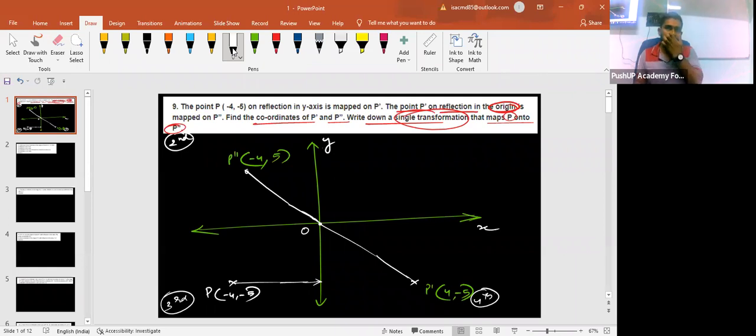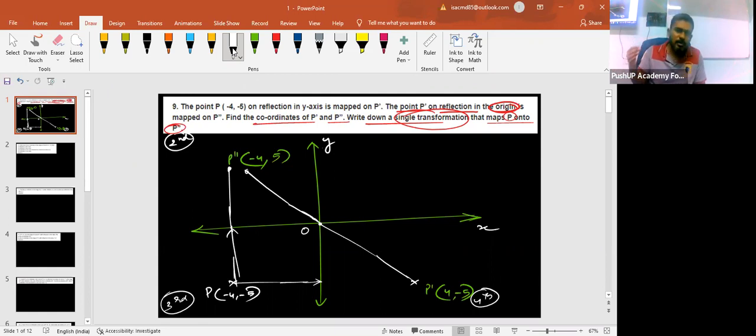They are asking you through which axis point P should have been reflected so that it would have directly reached the second quadrant. Exactly. Point P should have been reflected through the x-axis so that it could reach the second quadrant directly. Right now, what happened, children? You took a longer route. First, you reflected P in the y-axis and reached the fourth quadrant.